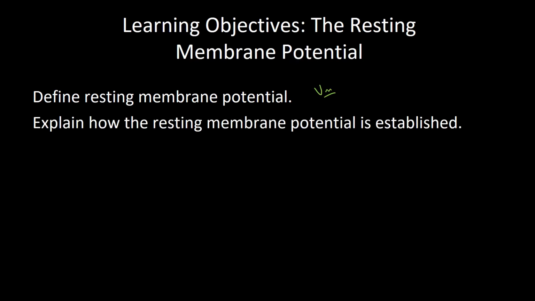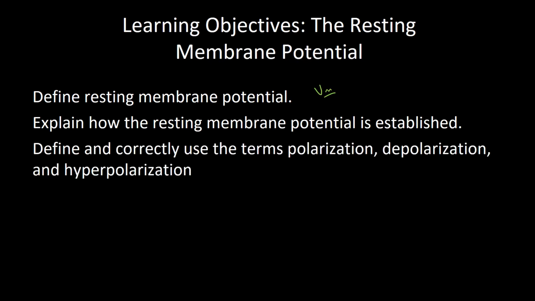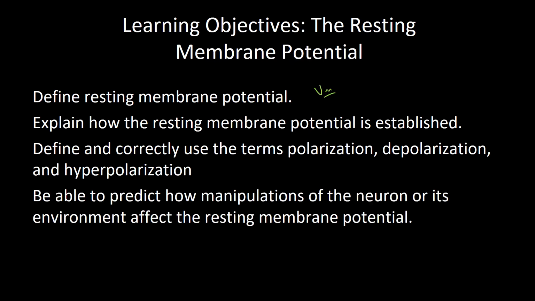It's established in part by the cell membrane, and then it is a function of those big organic anions and the fact that sodium, potassium, and chloride can't easily flow through that membrane. Polarization, depolarization, and hyperpolarization are words that we're going to use a lot in the next video, so make sure you have that down here.